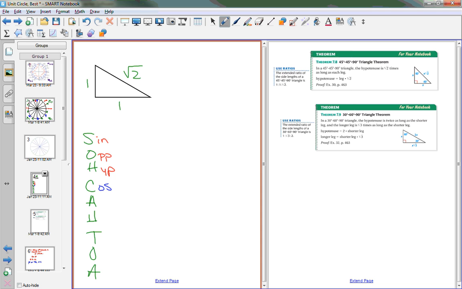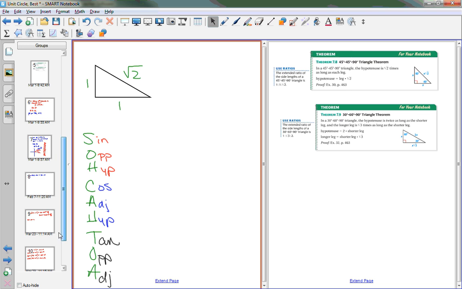Your cosine is going to be your adjacent leg divided by your hypotenuse. Your tangent is going to be your opposite leg divided by your adjacent leg.